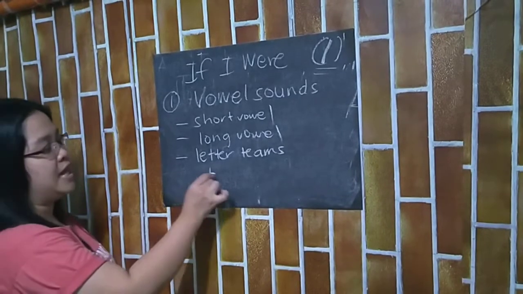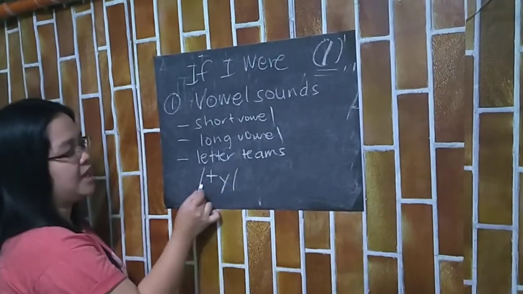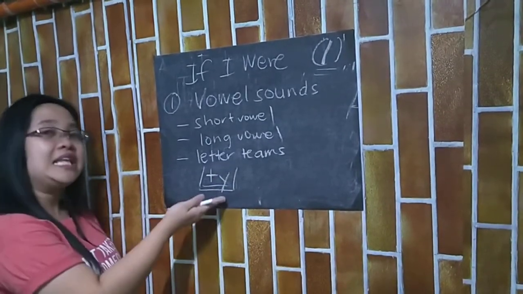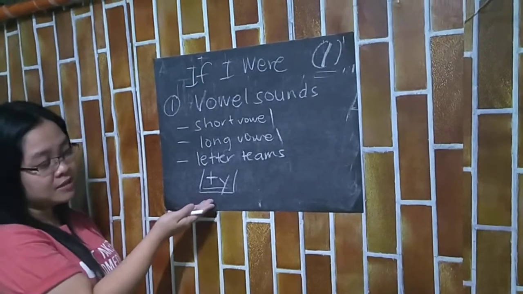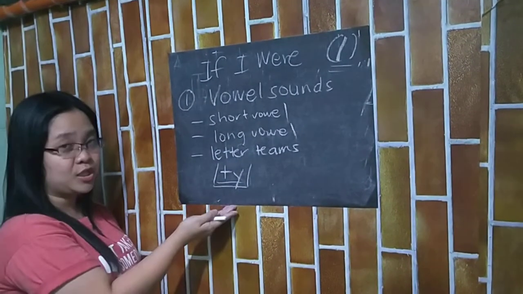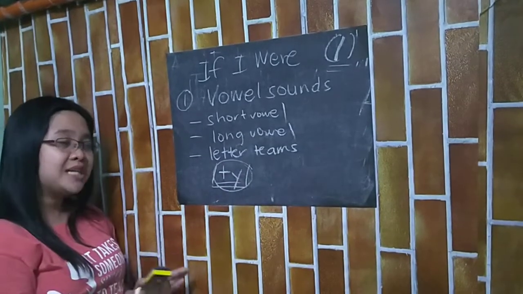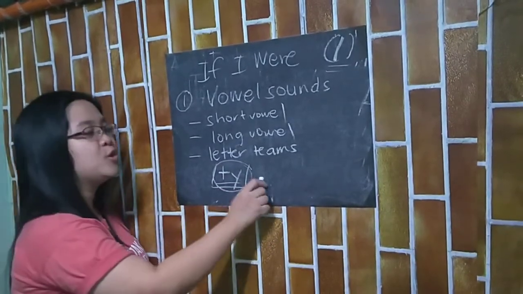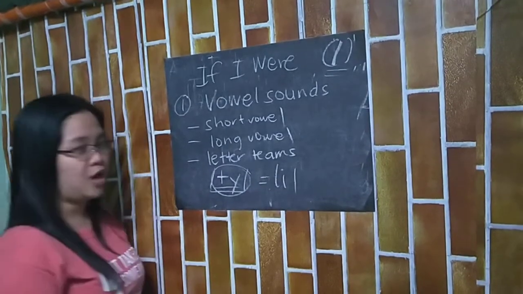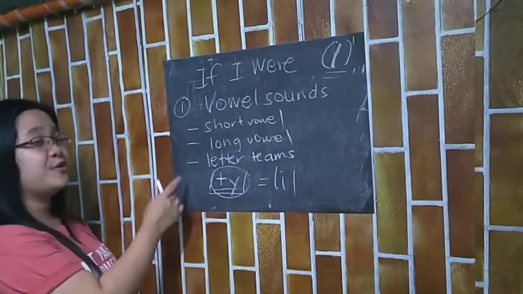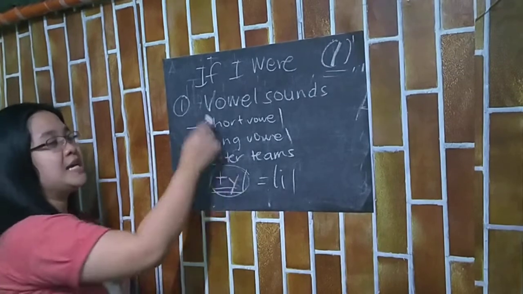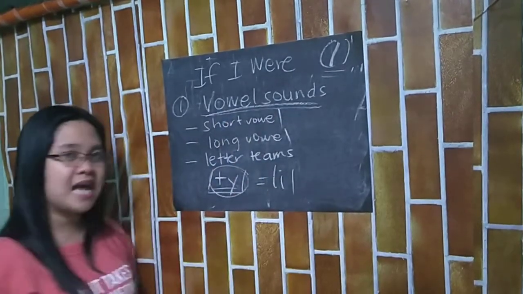Like for example, in our word naughty, the word T there may not have a vowel letter. However, when you read them together or when you combine the two letter sounds, they produce a vowel sound as well. So that's the first thing that you have to observe, the vowel sounds.